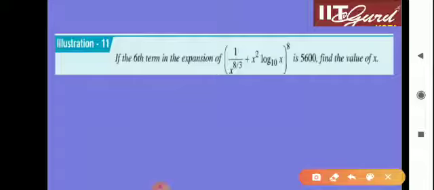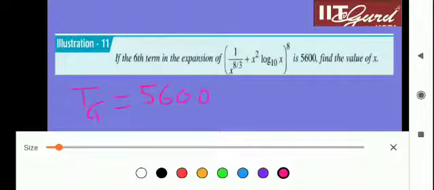As you know, T6 is equal to 5600, which is given in the question.